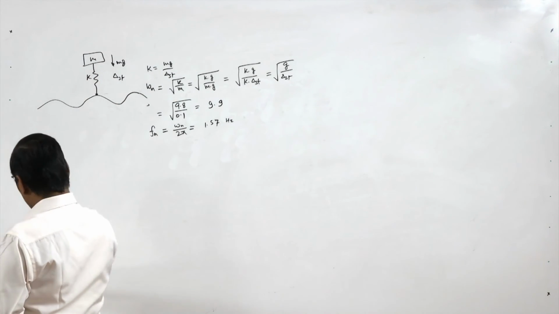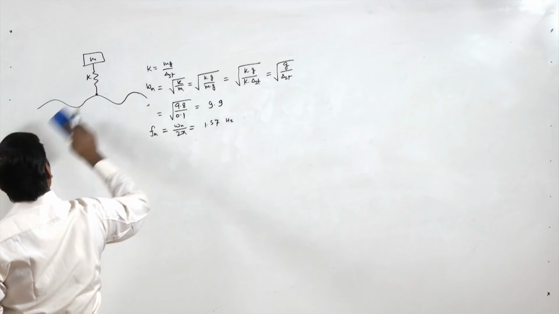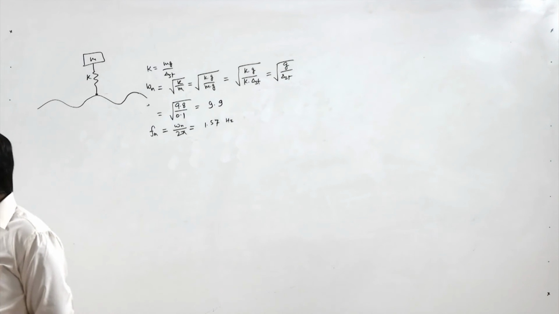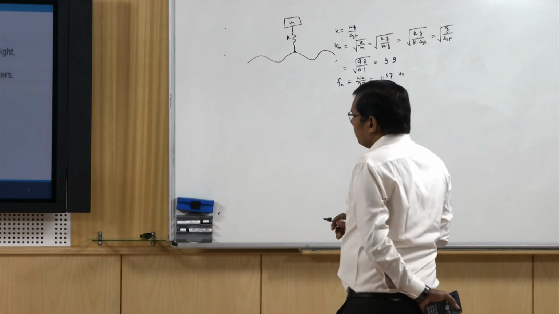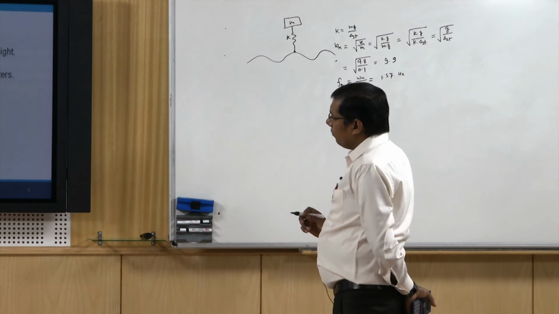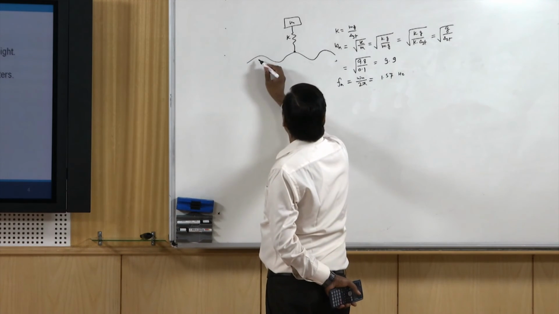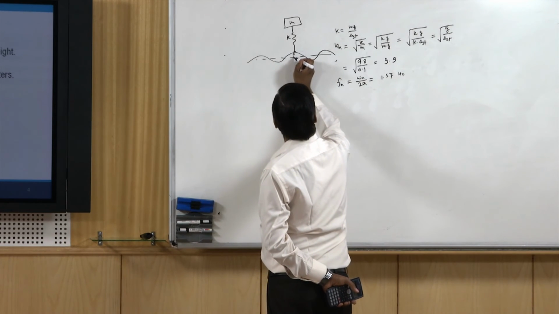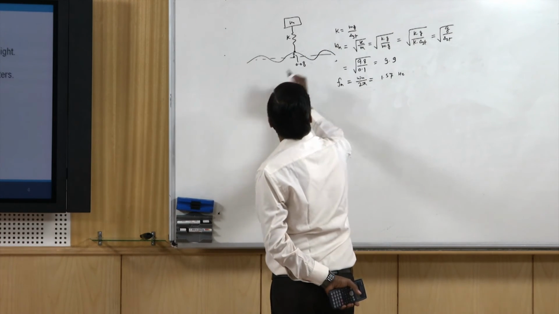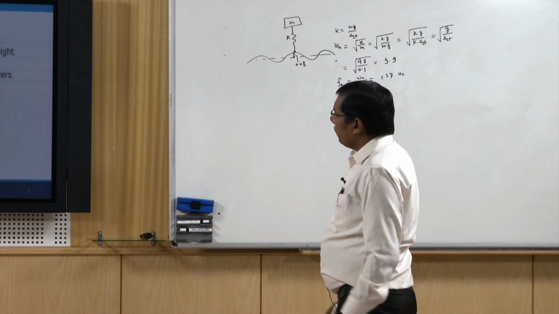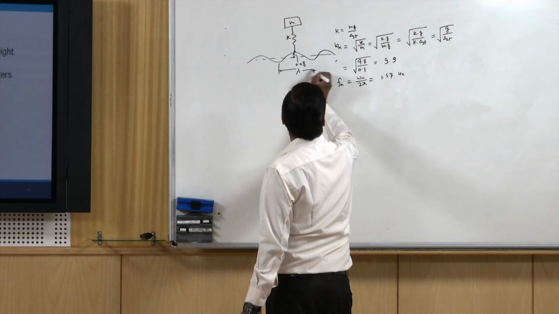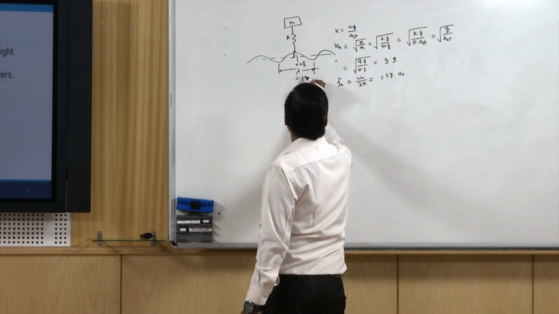We know the stiffness of this trailer, and this road profile is similar to a sine curve of amplitude 0.08 meter, and the wavelength is 14 meters. So this is lambda, that is wavelength, equal to 14 meter.